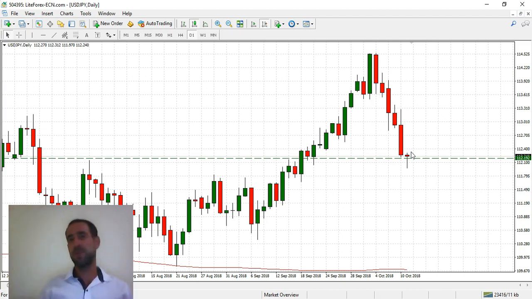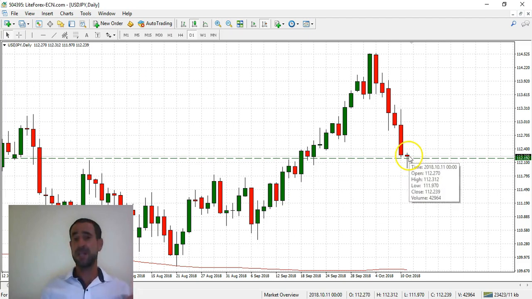So this is probably what I'm going to do. I'm going to make sure price closes above that particular defensive cluster, right? The level of 112.19 or 0.20. And if it does, I'm going to initiate the first small portion in my bullish position.